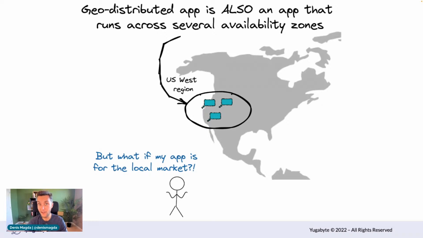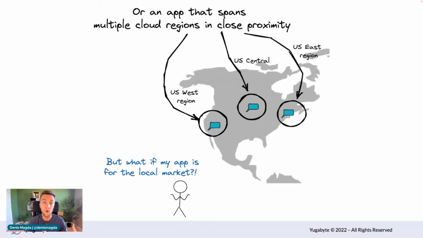For instance, your application can be hosted in the US West region, and the instances of the application run across 3 availability zones. That's also a geo-distributed application, my friends. At the same time, your application might function across your country. For instance, if you deploy your application instances across United States West, Central, or East region, that's also going to be a multi-region geo-distributed application, right?